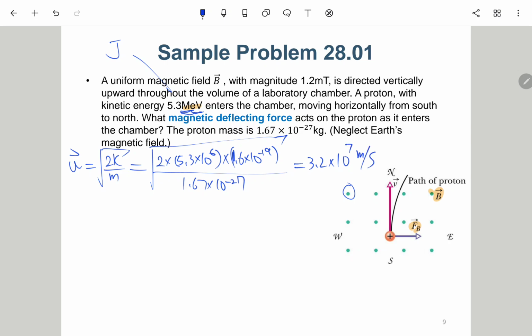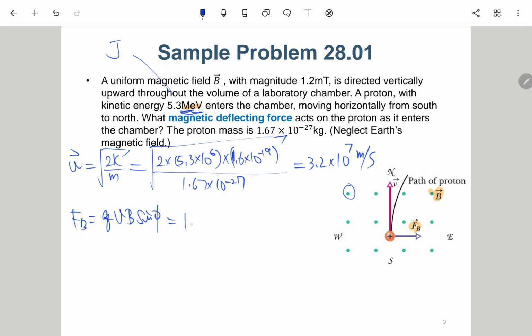Okay, so the velocity. So FB will be QVB sine of phi. Okay, I cannot draw it here. The B is pointing out of the page. Actually, the phi is nothing but 90 degrees.